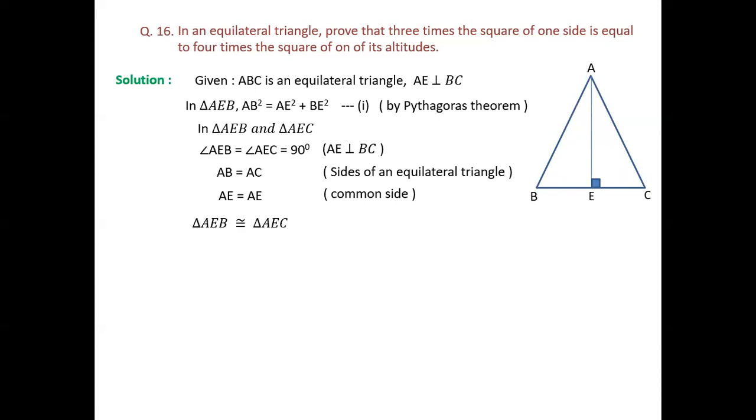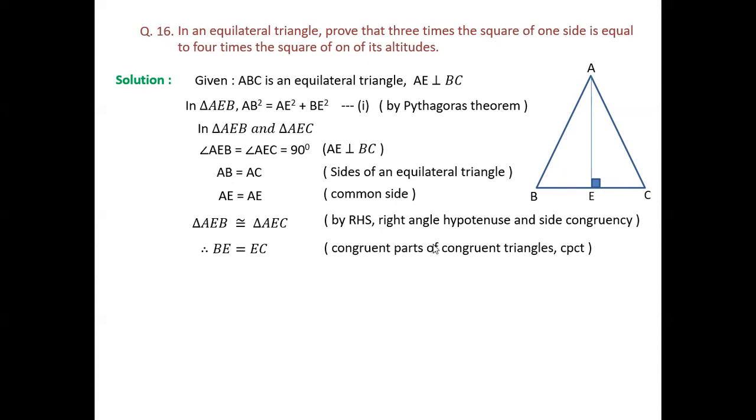Therefore, these two triangles are congruent by RHS congruency, that is right angle, hypotenuse and side congruency. Because these two triangles are congruent, you can say BE is equal to EC, because they are the corresponding parts of congruent triangles. You can write it as CPCT.